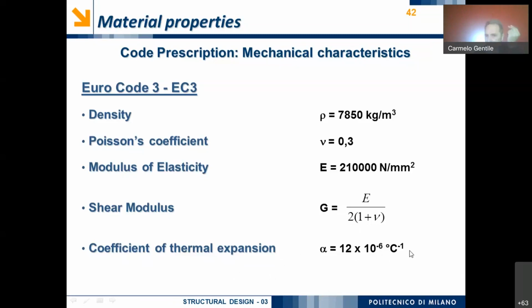So it means that for each thermal variation of 1 degree centigrade, we have an increase in the length of a sample equal to this number, okay?